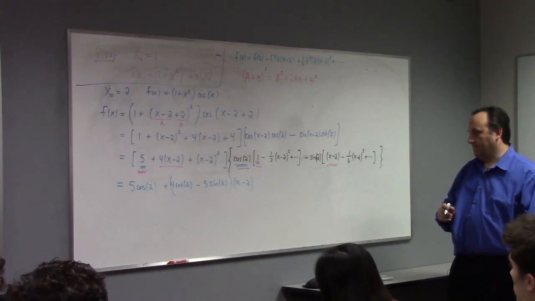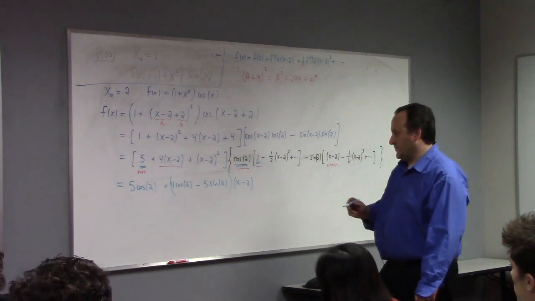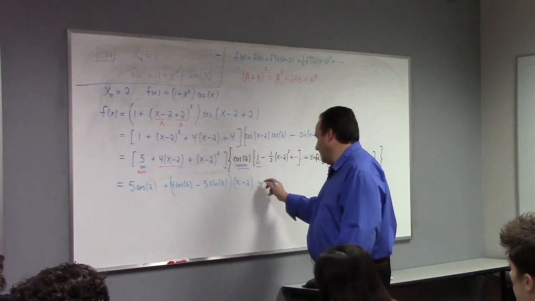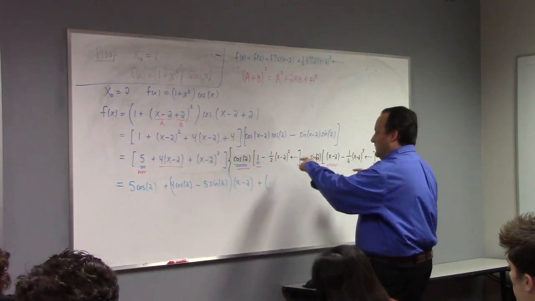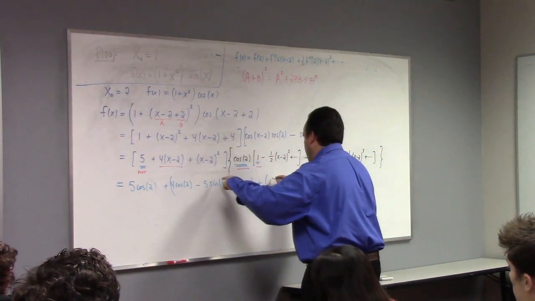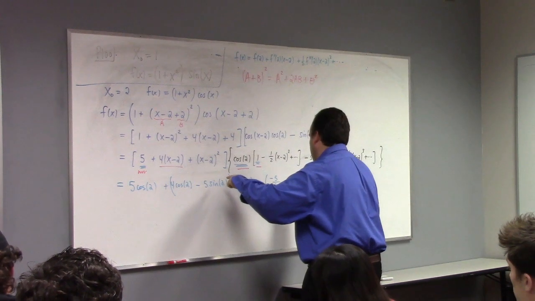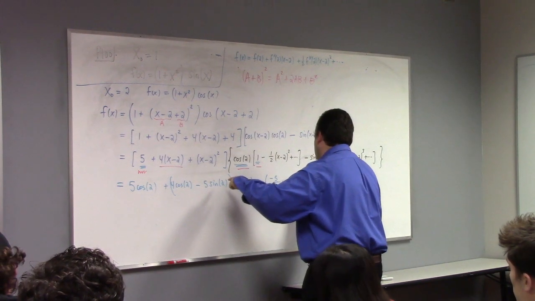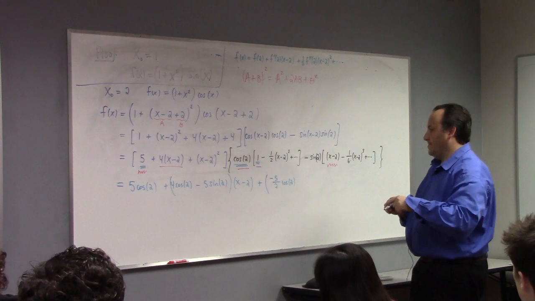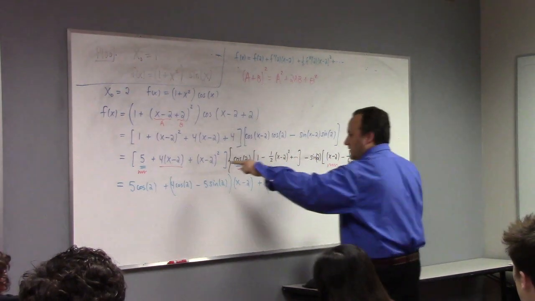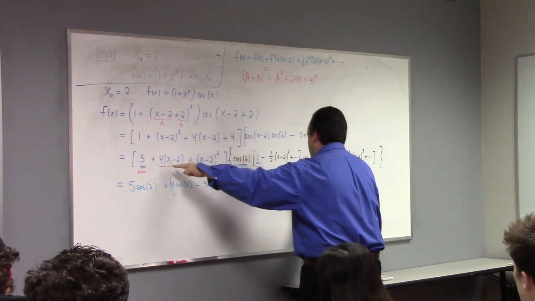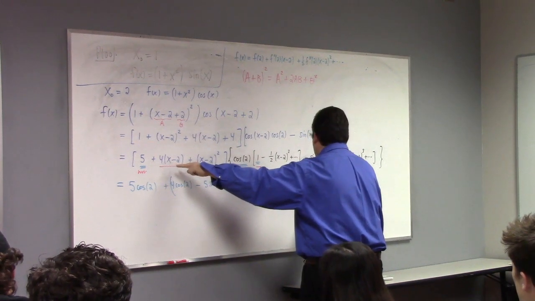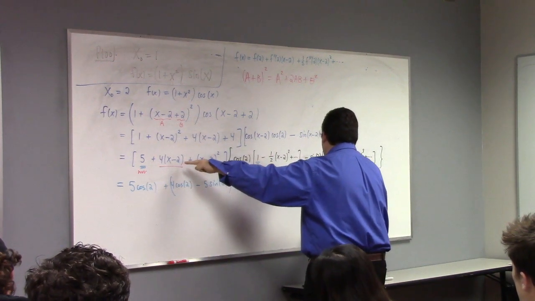All right. And then how about quadratic terms? I have the 5 times, so basically minus 5 over 2 cosine of 2. And then I have minus 4 times the sine of 2.